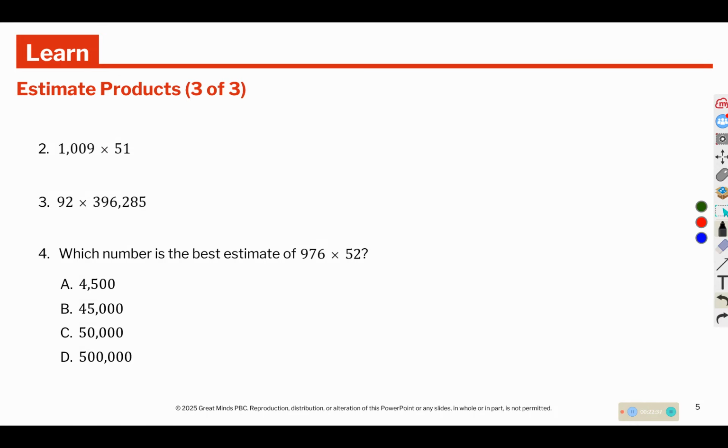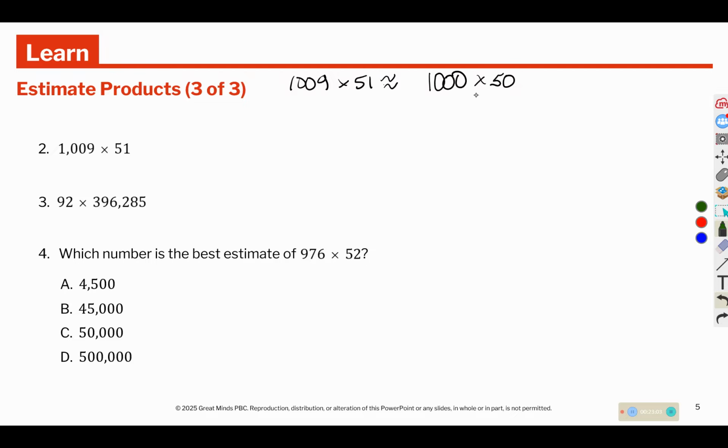I'll show you what that looks like in this next piece. Let's approximate these. We have 1,009 times 51. Use the approximation symbol. 1,009 is about 1,000, and 51 is about 50.